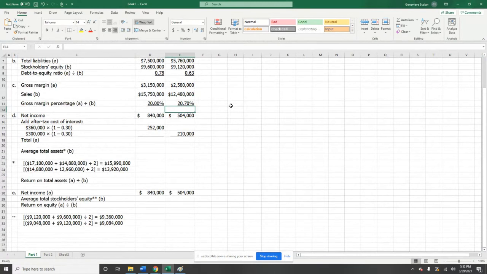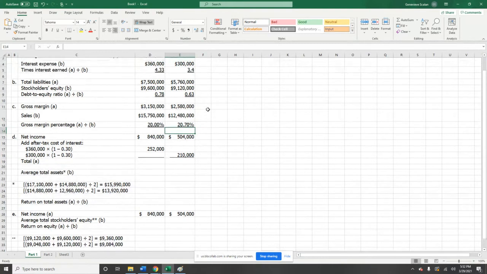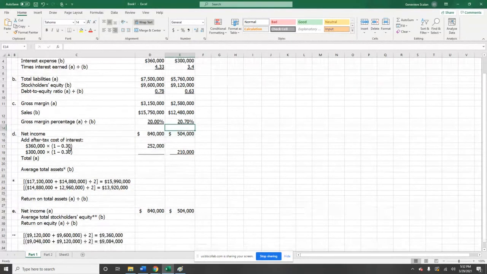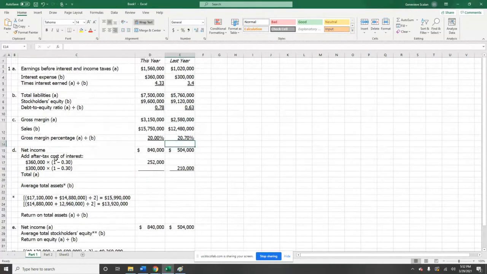D says calculate the return on total assets. Now the thing about return on total assets is you've got to get your average assets and you've got to get your after-tax cost of interest.